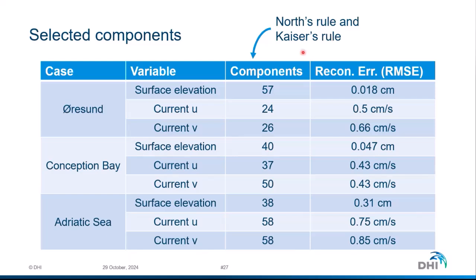I'm not going into details, but these are just guidelines for choosing the number of components. And I end up with these numbers of components for the 3 state variables and for the 3 test cases. I also have the reconstruction errors. I'm not going to spend a lot of time on this slide, but in case you were curious, you can see them here. We can always return to it.